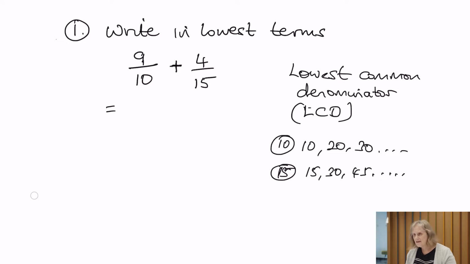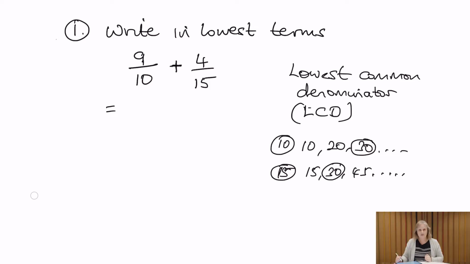The key thing is that we want to find the number where they join, initially. So 30 is the lowest common denominator here. We can use multiples of that, 60, 90, but we want to choose the lowest one because it allows us less work to do.